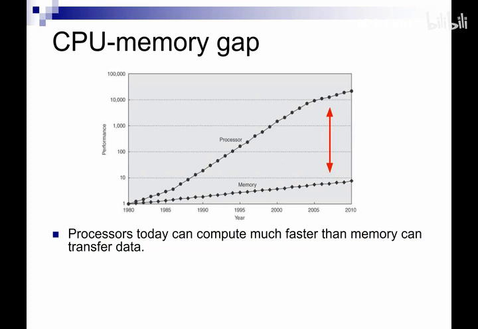What this plot shows is that if you look at the performance of the processor versus the memory over time, processors have gotten much, much faster. They've actually gotten thousands of times faster over the past few decades. On the other hand, memory has also improved in performance, but not nearly as quickly. And so therefore, there's this gap between the processor and the memory, and this gap just keeps growing larger with time.